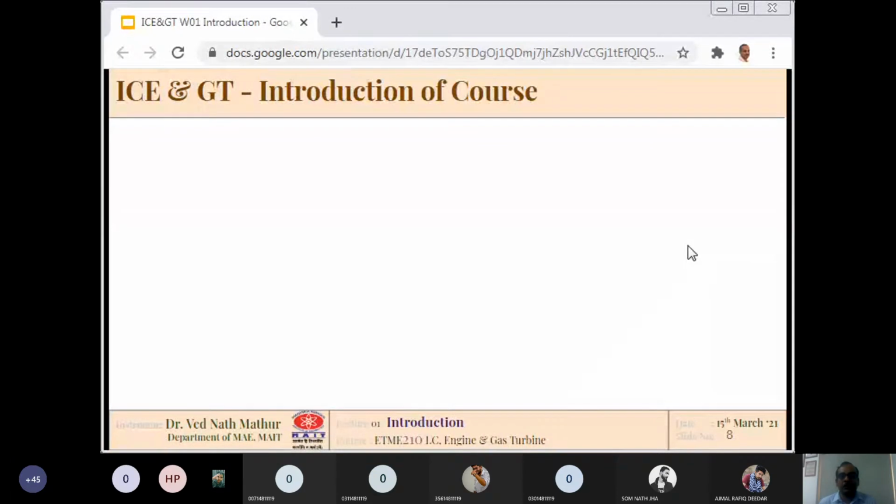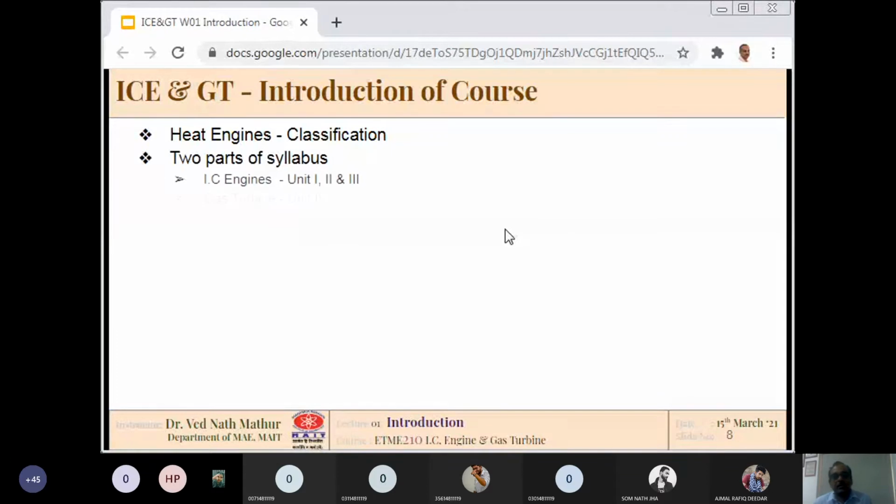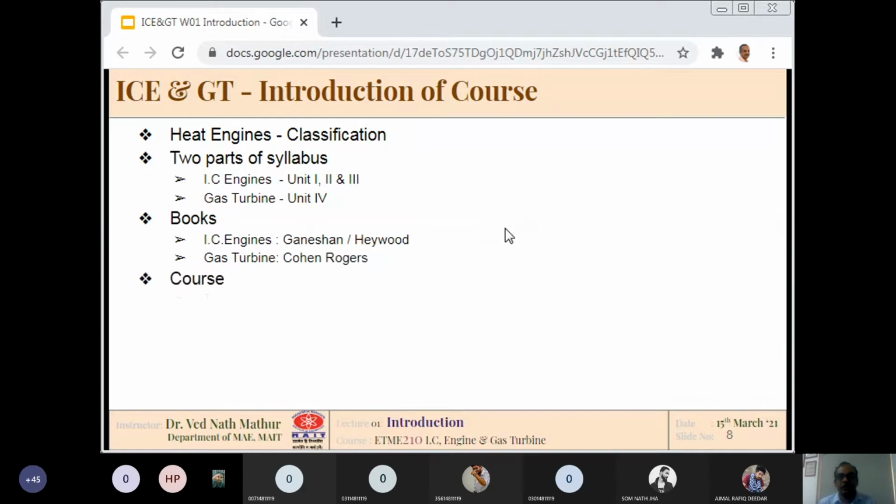So this is about the introduction of the course. I have already talked about the classification of engines, and I have talked about the syllabus of IC engine, which has two parts, and have mentioned the books you will require. Now the course, as I said, has 2 online lectures per week on MS Teams, and I'll be conducting quizzes during online lectures.